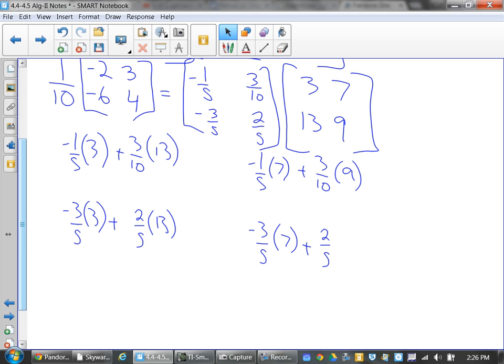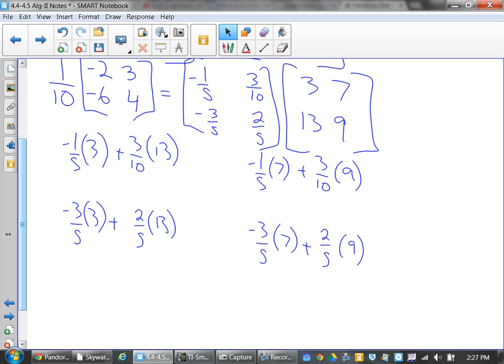It's habit for me a lot of times to write it in terms of a simplified fraction each time. But you might notice if you don't do that, you're automatically going to get common denominators. So you don't have to simplify the inverse. I could have left it as -2/10, because when I'm adding those together, I can do it quicker. Does that make sense? Unless you're using your calculator, it doesn't matter.